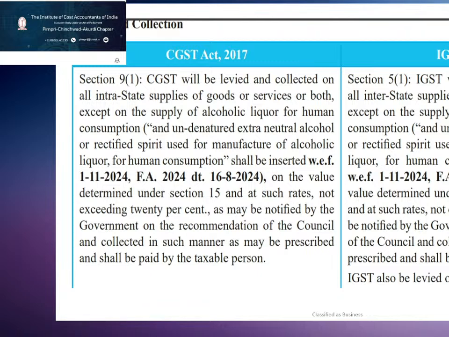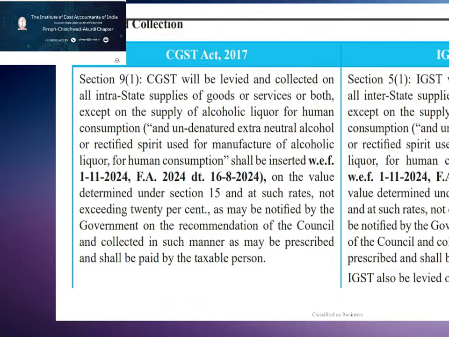Otherwise, there is nothing complicated here. You only need to remember the list of services. It's more theoretical, so I'm not forcing much, but you need to remember the list of services here.